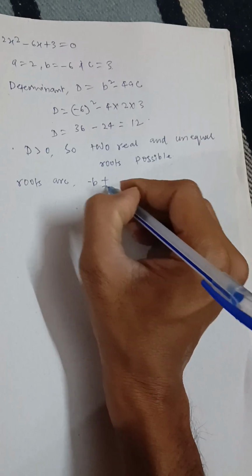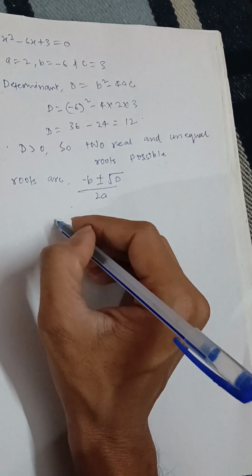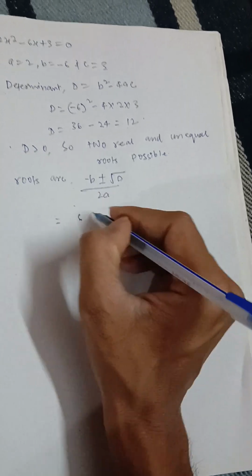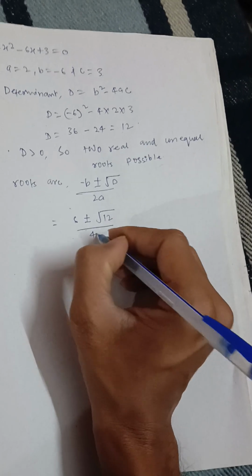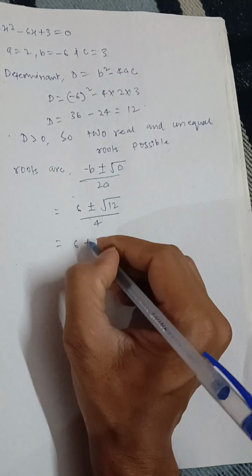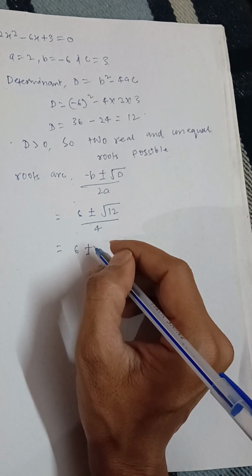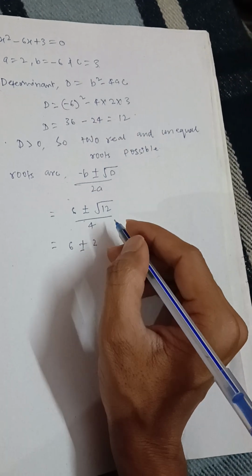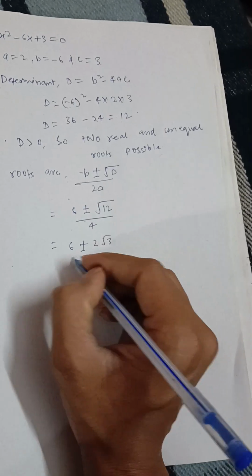minus b plus minus under root d divided by 2a, that is 6 plus minus under root 12 divided by 4. Then 6 plus minus 2 root 3 divided by 4.